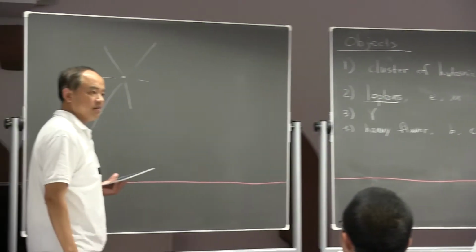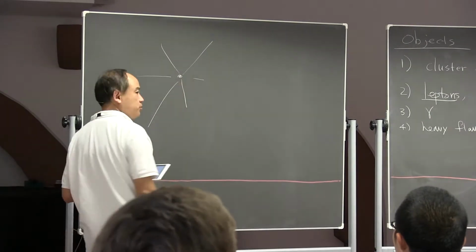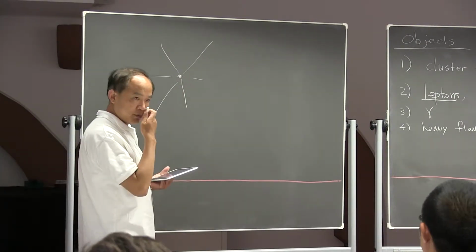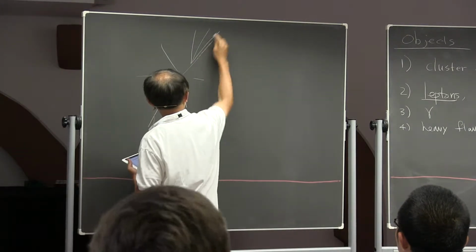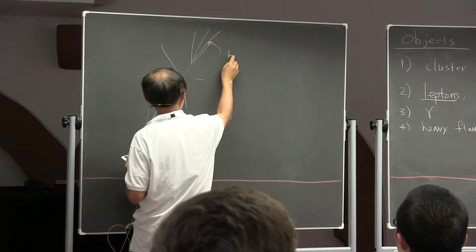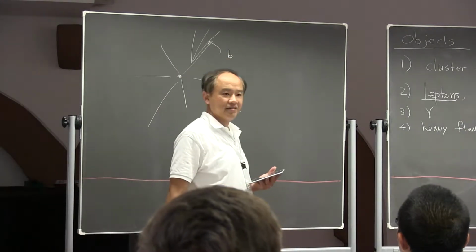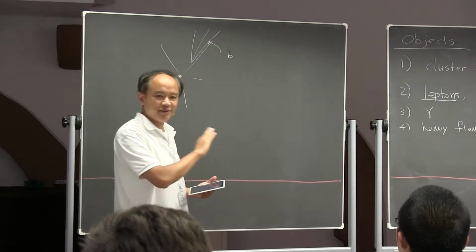So in the event you can identify something called the interaction point. But when there's a B quark, you will see that it has something like this. So you can tag this as a B. This is a way super oversimplified version of how we do B tagging.